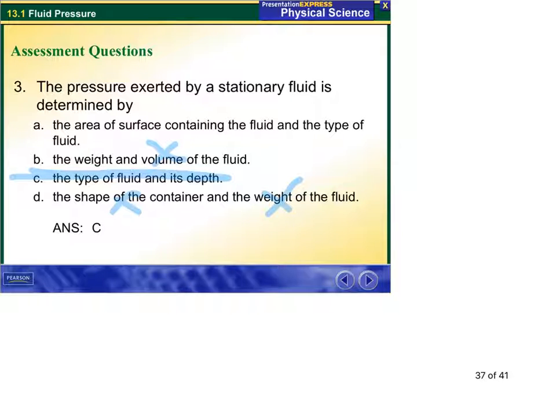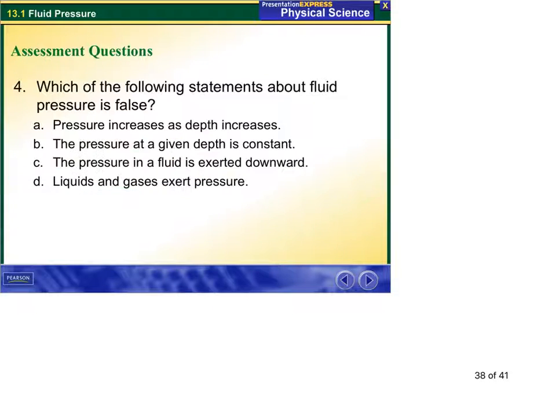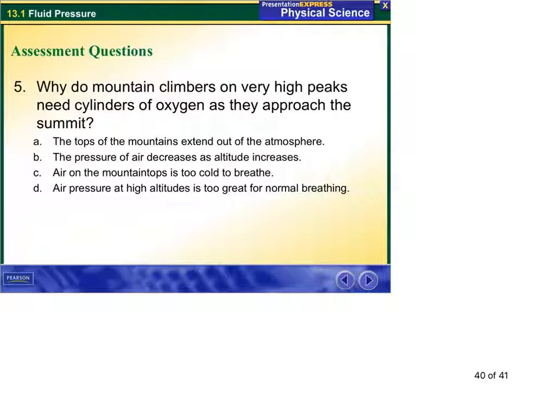Weight of the fluid does somewhat affect it. And which of the following statements about fluid pressure is false? And we see C, the pressure in this fluid is exerted downward. Pressure in the fluid is exerted in all directions.